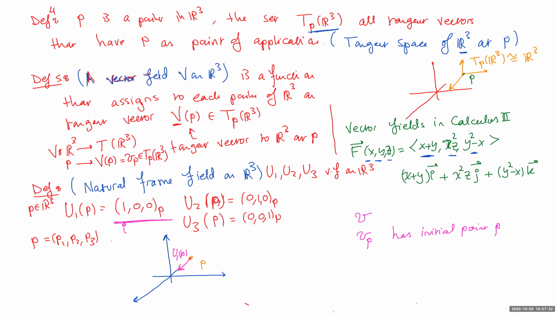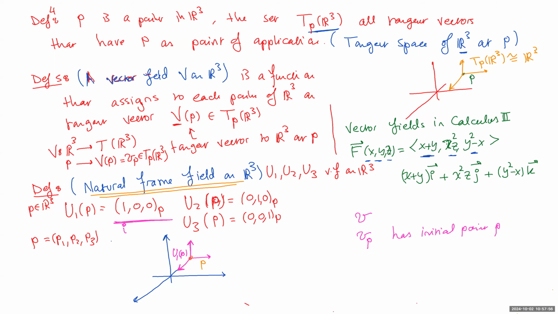So this is U1 at P, U2 at P is equivalent to J, and K is U3 of P. And these are called the natural frame fields. This is important to have when they start talking about the natural frame field.